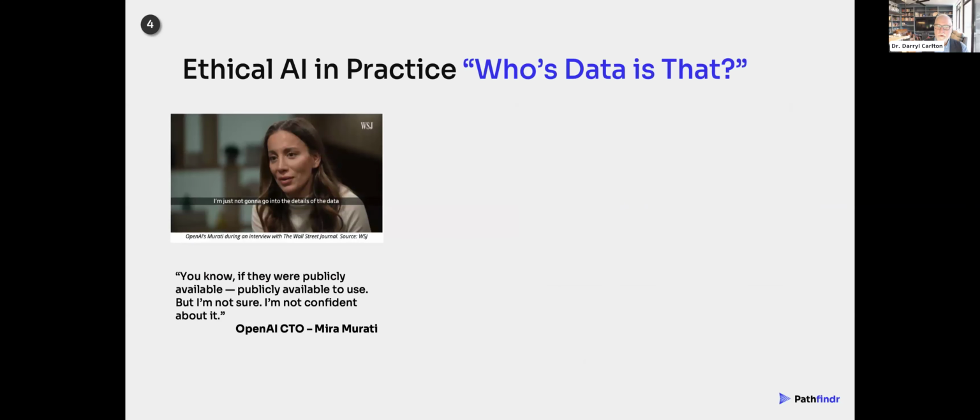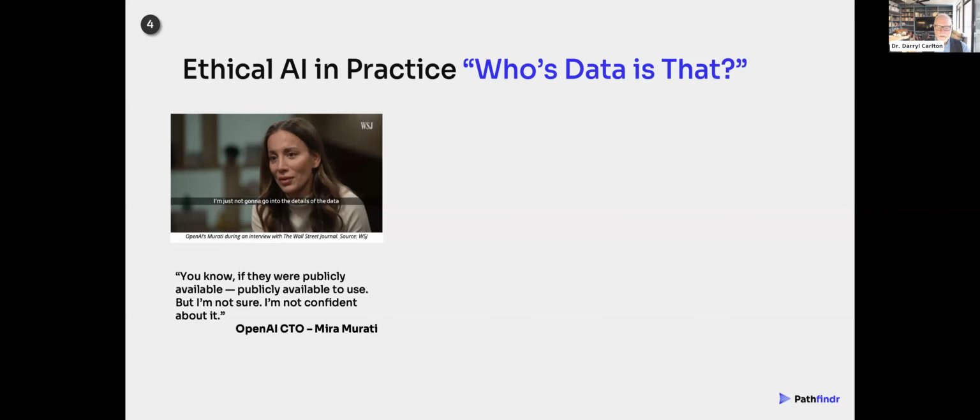And another ethical practice is whose data is that? Now, the data matters when we're training a large language model or when we're using an AI system, perhaps in an HR environment or a sales environment. And it was quite interesting.